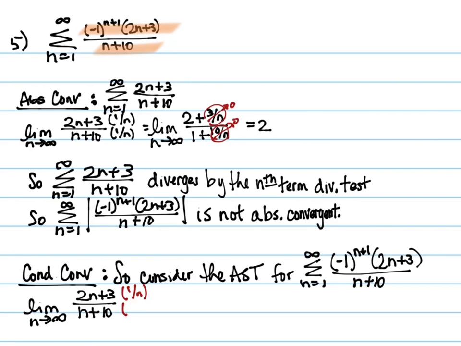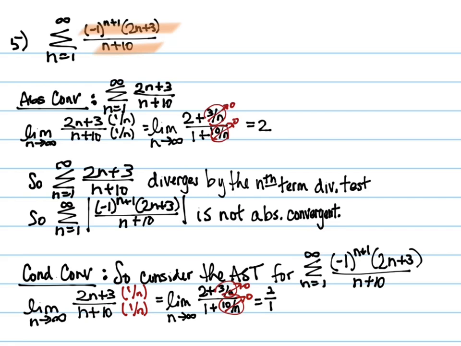We multiply by 1 over n, and we find out that the limit as n goes to infinity of 2 plus 3 over n over 1 plus 10 over n. These go to 0. So all in all, this ends up being a 2/1 ratio.